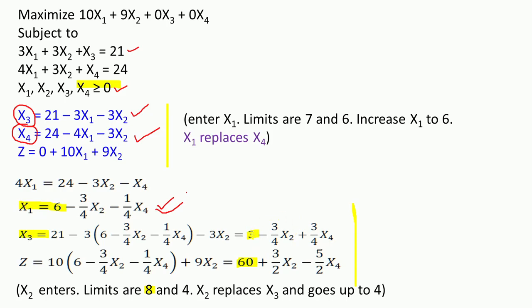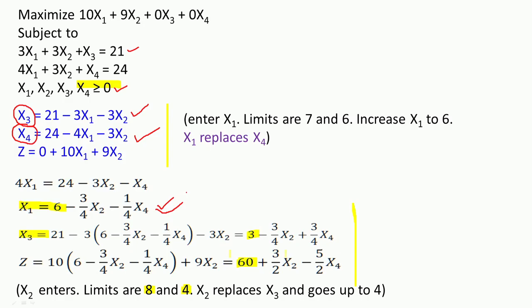So, this becomes 3 as x2 increases, as x2 becomes 1, this will become 3 minus 3 by 4 and so on. This would allow x2 to go up to 12 by 3, 4. So, we have x2 going up to 4. So, now as x2 becomes 4, this equation will make x3 come to 0 first, and therefore, the limiting value is the smaller of the two values.